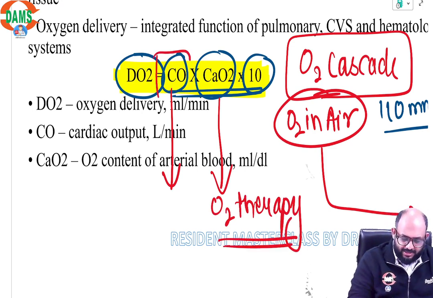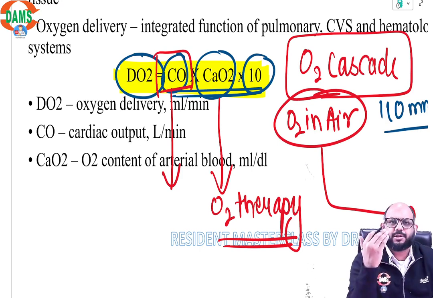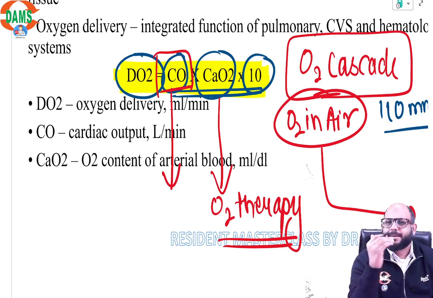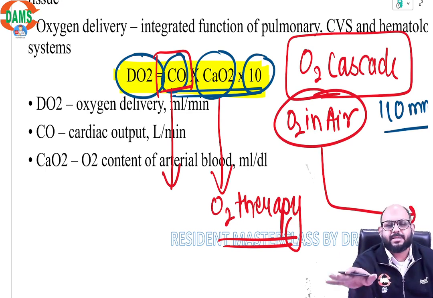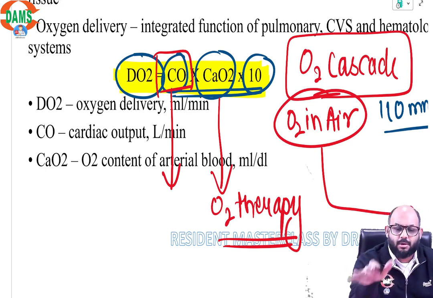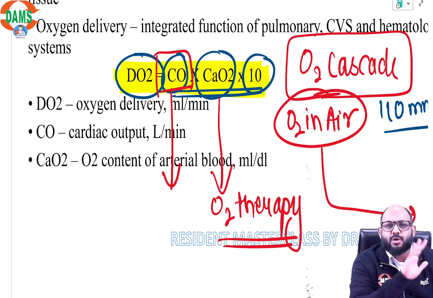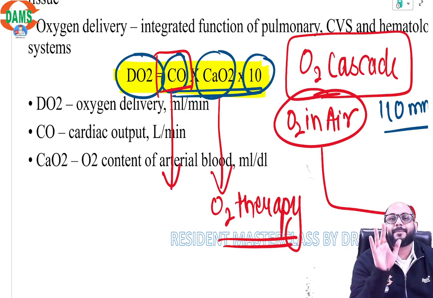So remember, a very important part of oxygenation, that is delivery of oxygen to the patient, is also dependent on cardiac output. Suppose you have a hypotensive patient, a patient who is in shock. No matter if you give 100% oxygen, the PO2 will not rise. The patient will not become better. The lactates will not come down. So you have to always remember that oxygen is not the solution to hypoxia.